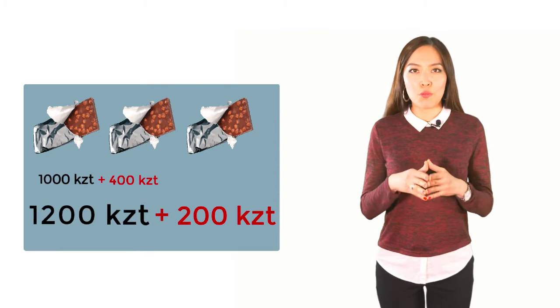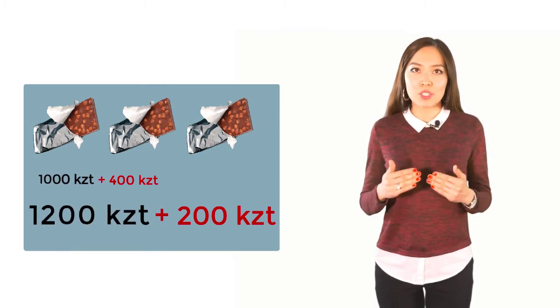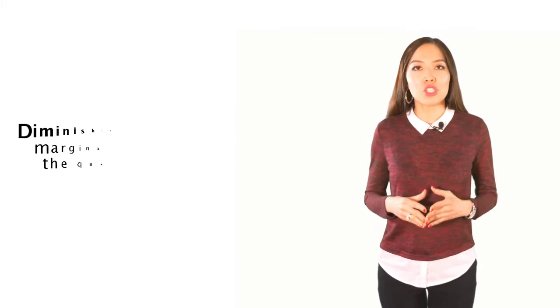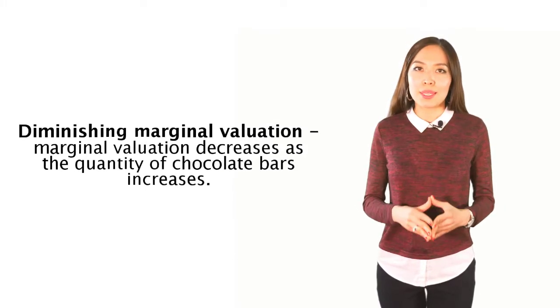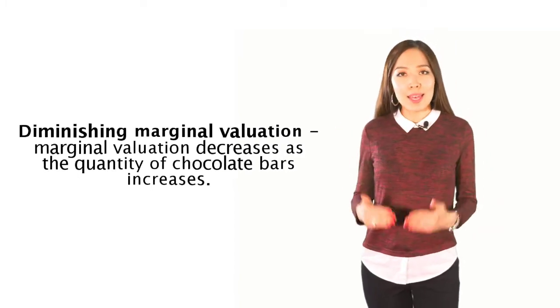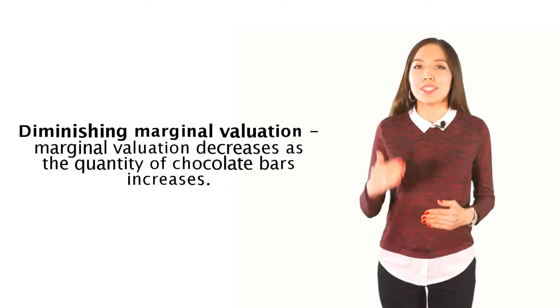The change in your valuation gets smaller as you obtain more chocolate bars. This is called diminishing marginal valuation, meaning the more chocolate bars you already have, the less you are willing to pay for an additional one. In other words, an individual's valuation of some quantity of a product is the maximum amount the individual would be willing to pay to obtain that quantity.